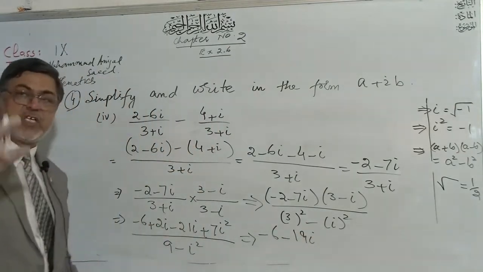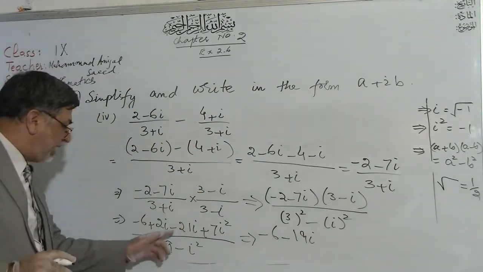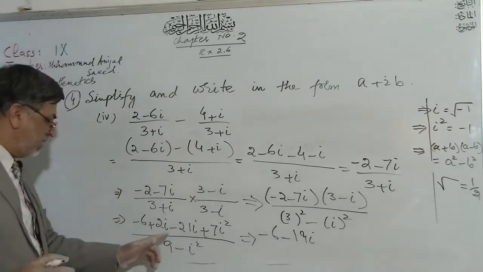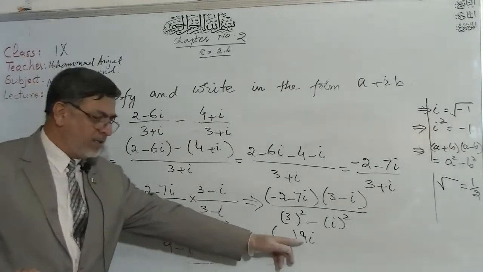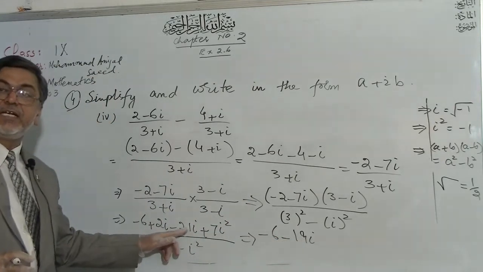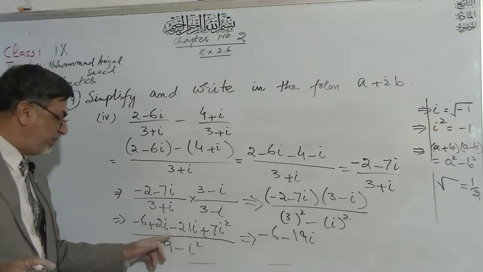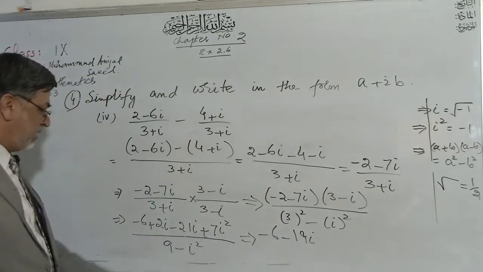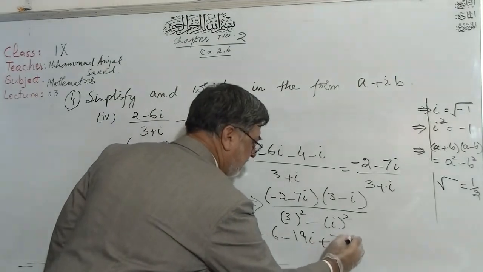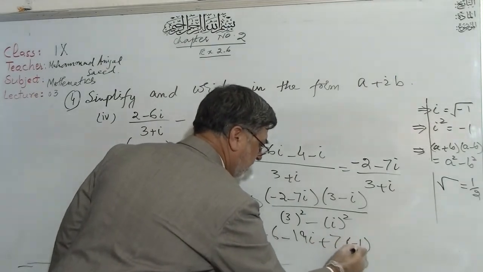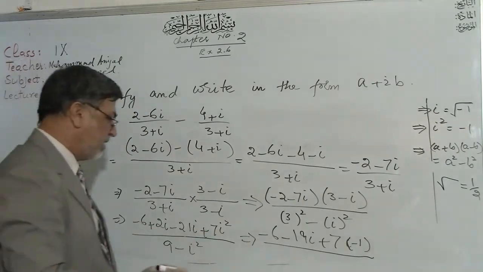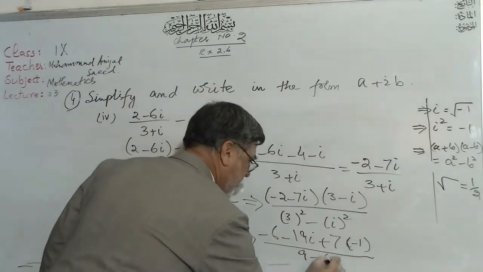Remember the rule I have just told you: you have two terms with different signs, you always subtract. 21 minus 2 is 19, but the sign of the bigger digit is negative, so you apply minus 19 iota. Plus 7, and iota square means minus 1. We apply the value of iota square as minus 1. So it will be 9 minus into minus 1.